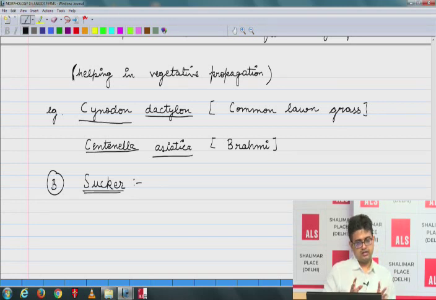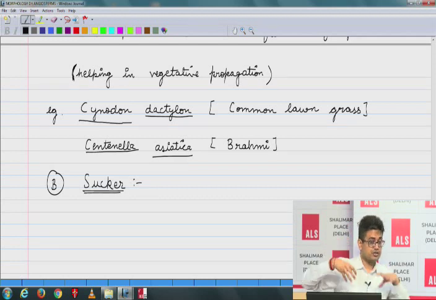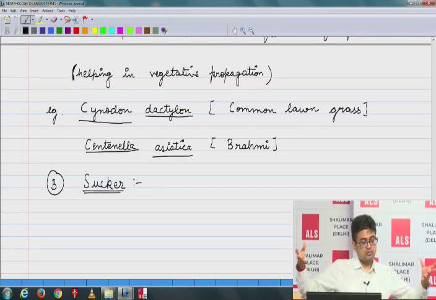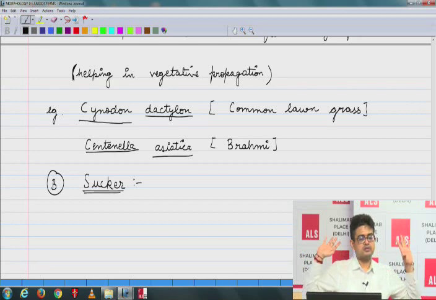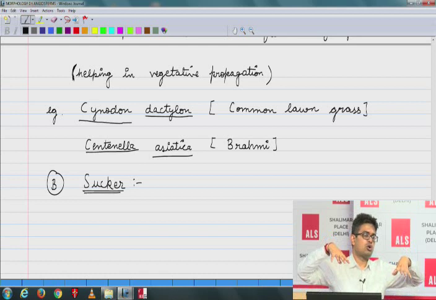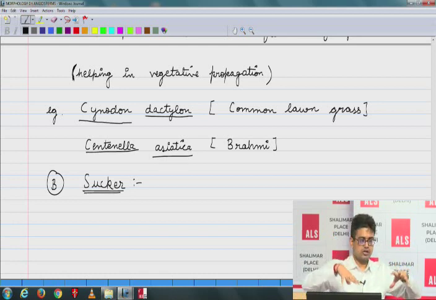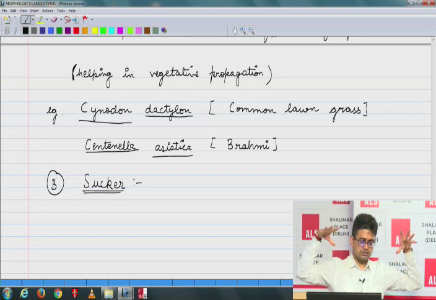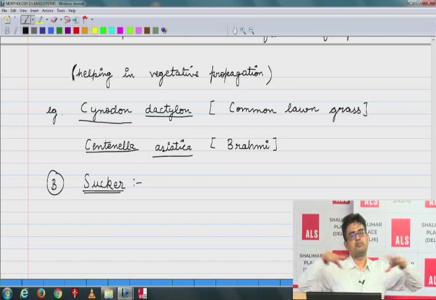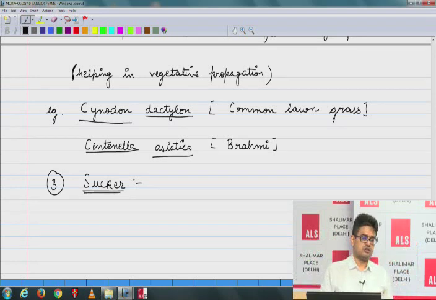So it is deriving nutrition from the mother plant in the form of minerals and water. The rest of the plant remains short in height. Its growth is suppressed, not completely inhibited. So it grows very slowly, and after a very long time, it might break free and develop its separate independent existence.